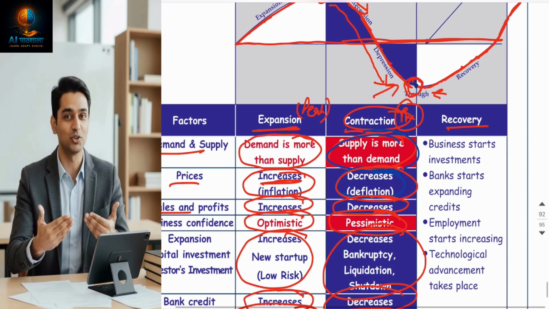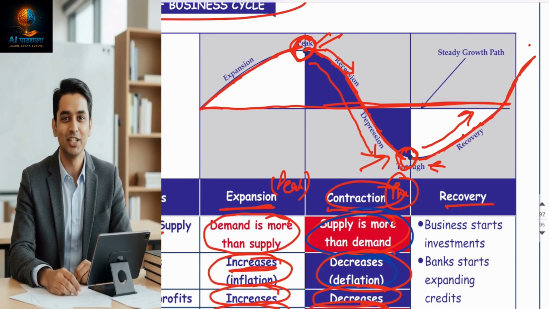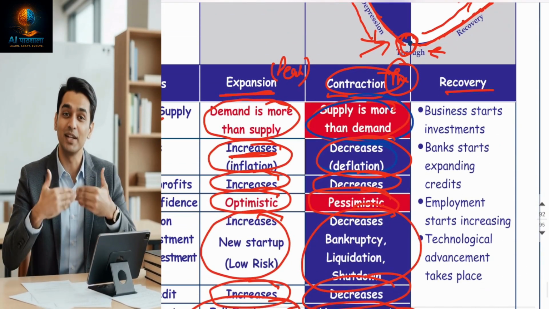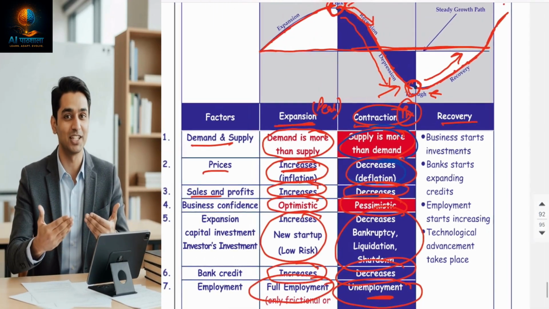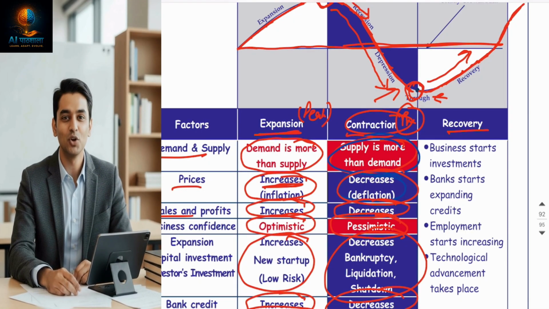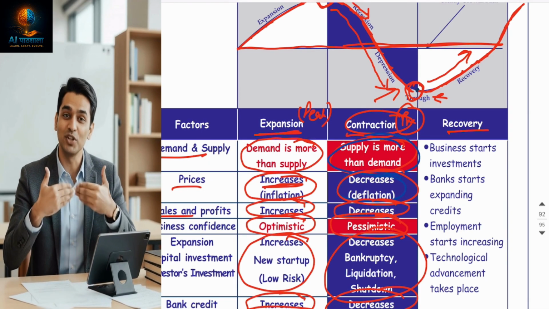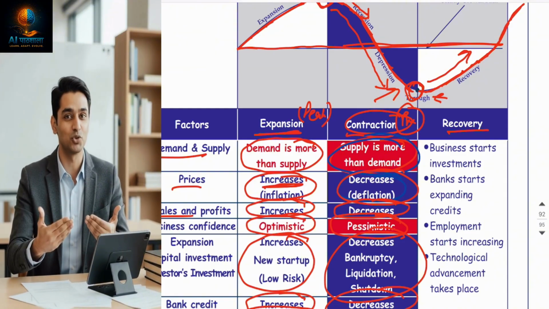But remember, friends, after every depression comes recovery. Recovery is the start of expansion again. Whatever worst situation has come up, now the economy is trying to recover from it. Slowly demand increases again.